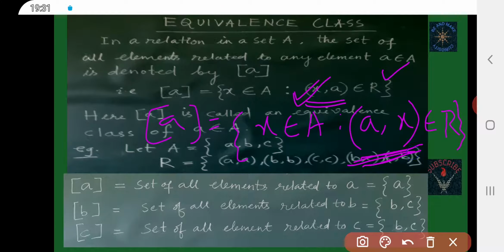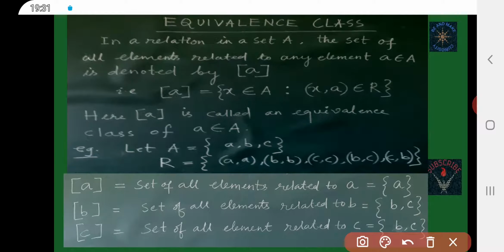Yes or no? Yes. That's why you can write it like this or like this also. a is related to x, you may say, or x is related to a, you can say. Okay. So this is an equivalence class of a.